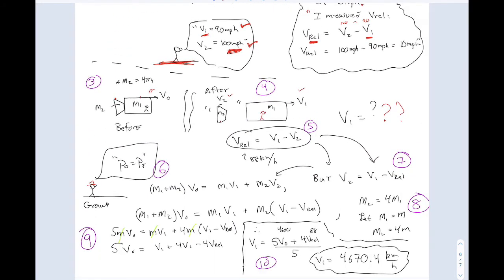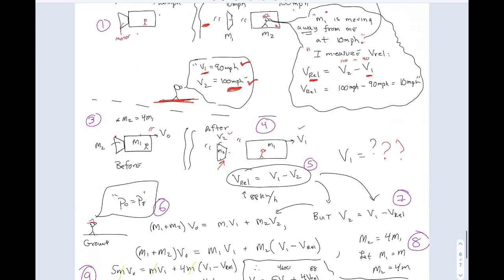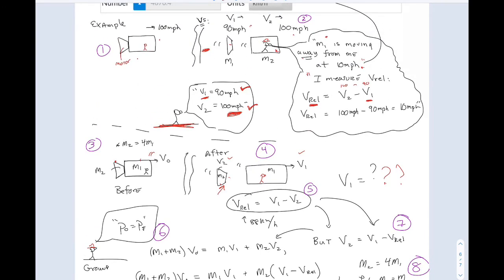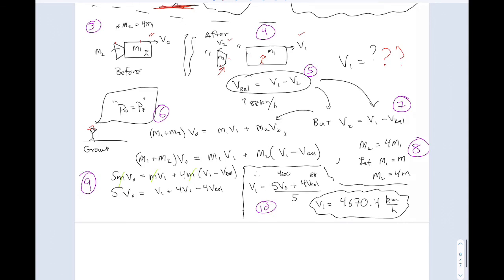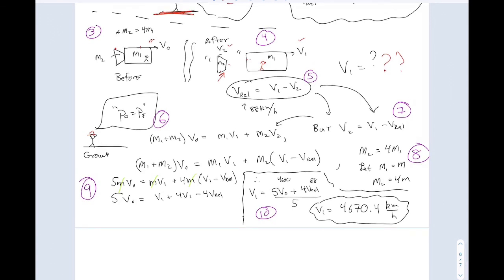So that means this person here sees this thing going away at 88 kilometers per hour to the left, just like this person sees this thing going away at 10. This person here sees the motor going away at 10, and this person sees it going away at 88.